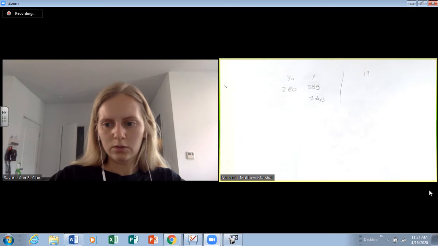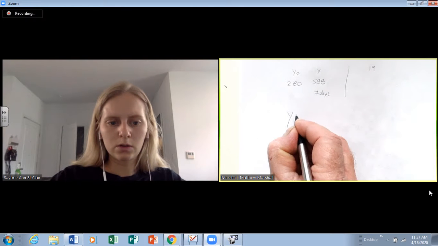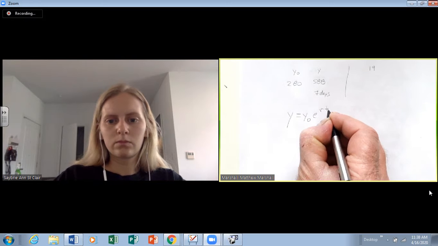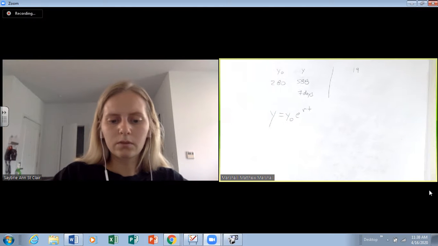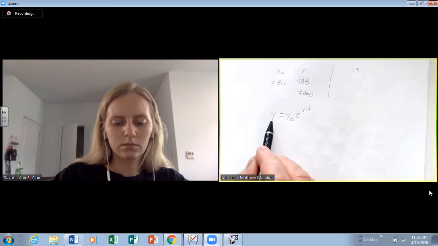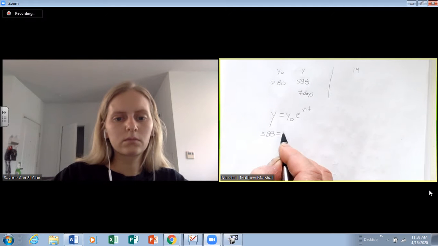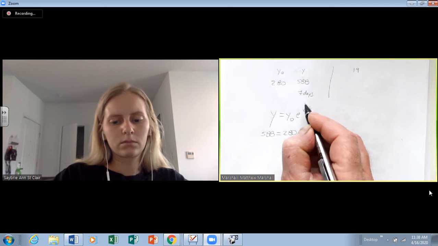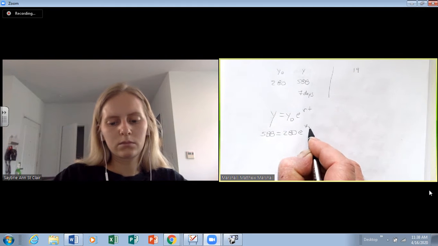Okay, so again, I'm going back to this. Y equals the initial e to the RT. So the initial amount is 280, goes right here. 588 is the final amount, goes right here. So 588 equals 280 e to the 7r power, where 7 is my days.